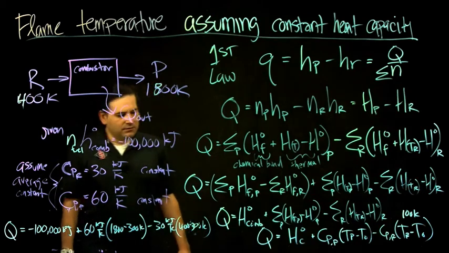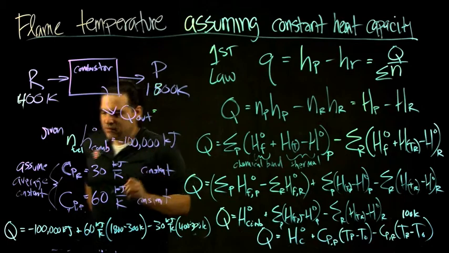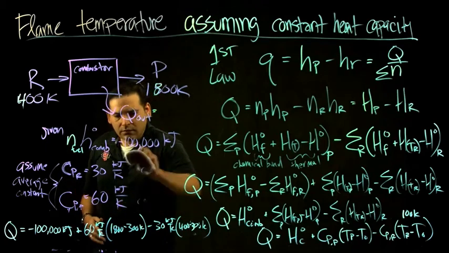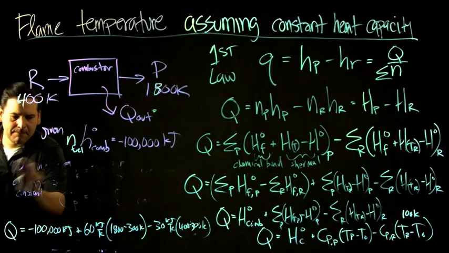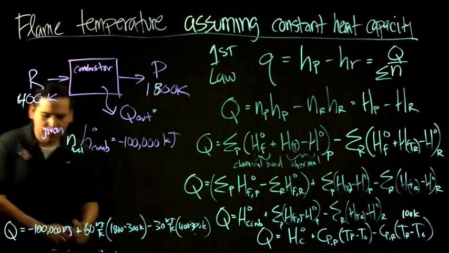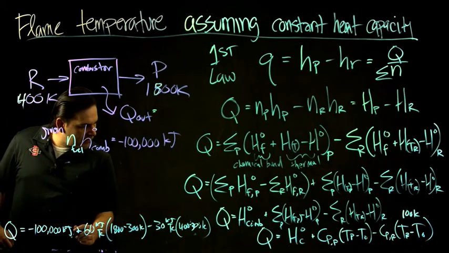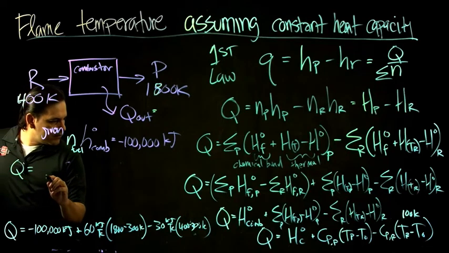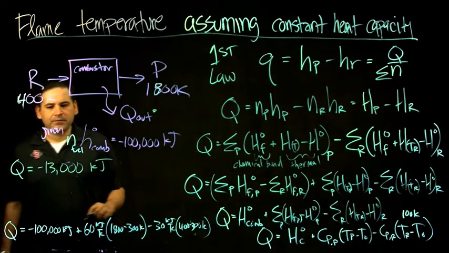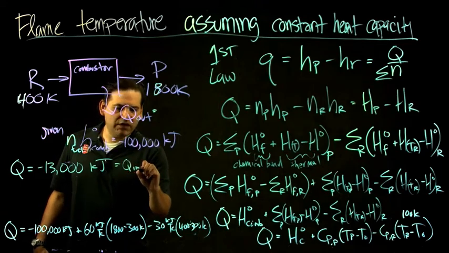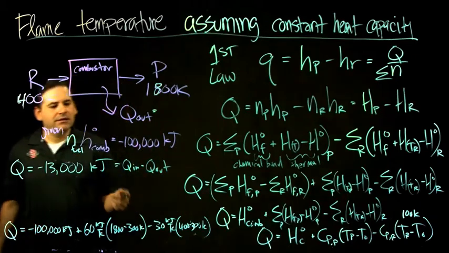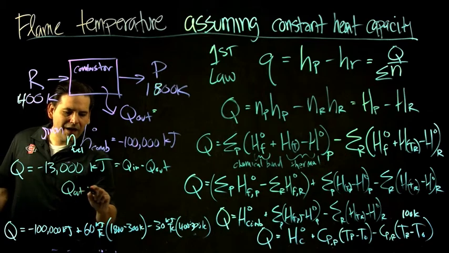So balancing that all out, what I got, Q out, and then, okay, so another thing, if you do this math, this algebra, arithmetic, you should get that Q is negative 13,000 kilojoules, which equals Q in minus Q out, because that's the definition of this symbol here, the net heat in, so that means Q out equals 13,000.